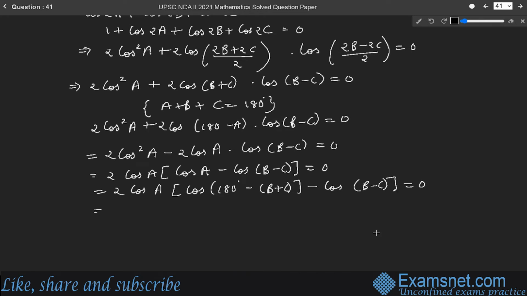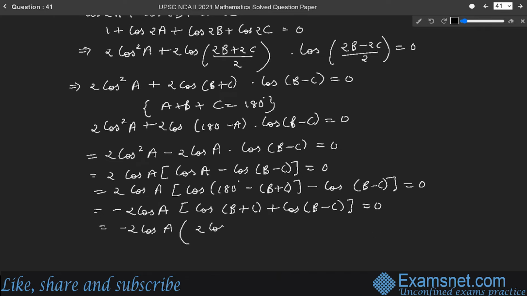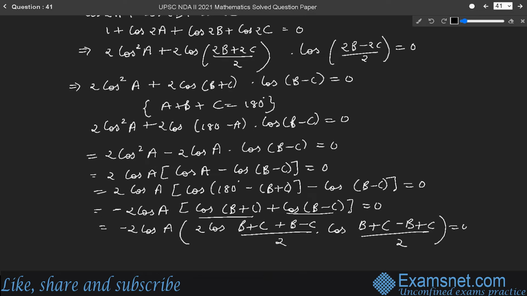On further solving, we will get minus 2 cos A, taking the negative sign outside, into cos (B plus C) plus cos (B minus C) equals 0, which will be equal to minus 2 cos A into 2 cos ((B plus C plus B minus C)/2) applying the formula for cos A plus cos B, into cos ((B plus C minus B plus C)/2) equals 0.